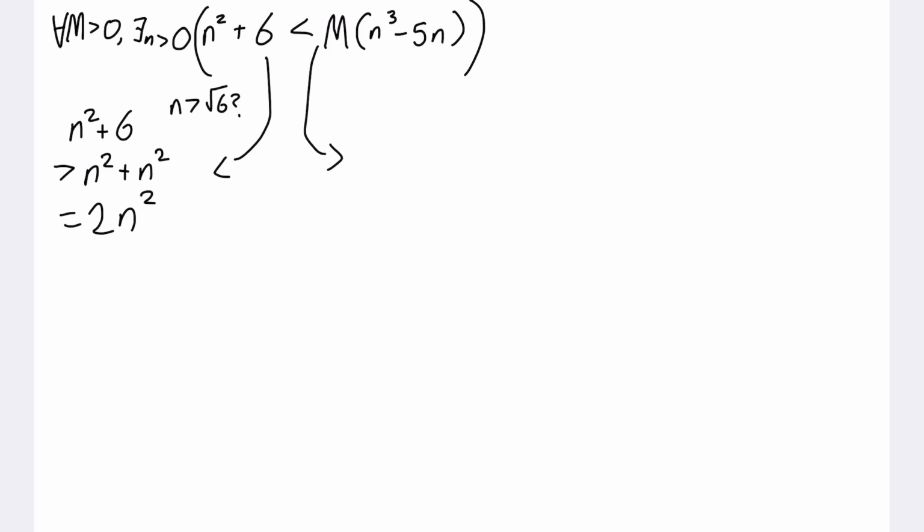Now to simplify the other side, m times n cubed minus 5n. We want to find an expression that is less than that in order to fit between the two sides of the inequality. And for that, we're going to use the rounding up trick.